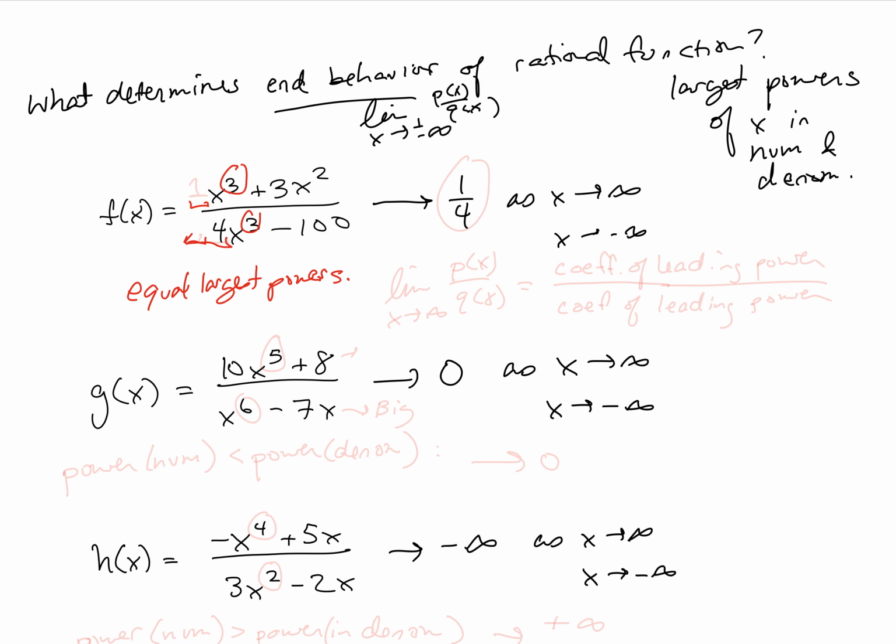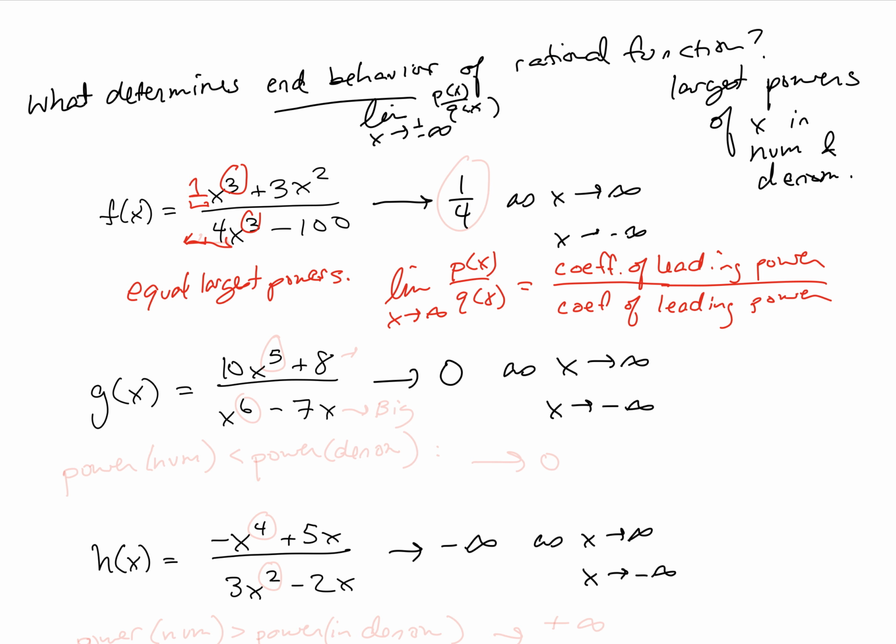So anytime the largest powers in the numerator and denominator are equal, the limit as x goes towards infinity of p of x over q of x is going to be equal to the ratio of the coefficient of the leading power in the numerator divided by the coefficient of the leading power, in other words, the largest exponent of x, in the denominator.